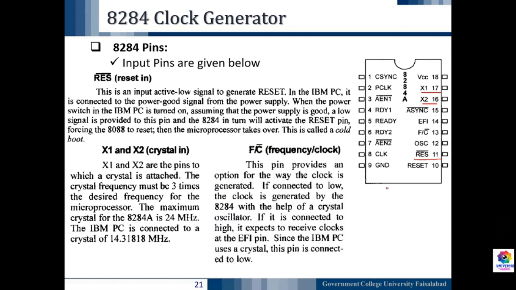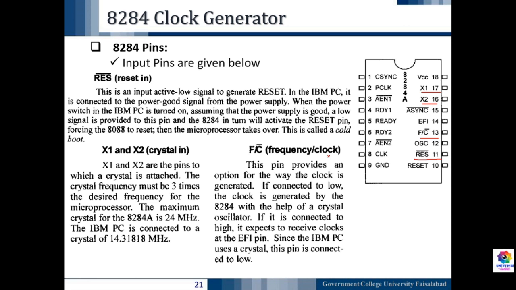Now the next input pin is pin number 13, which is the F/C bar pin, known as the frequency or clock selection pin. In our previous discussion, we discussed that the clock generator provides the facility to get the oscillations from either an external frequency source or the crystal oscillator.